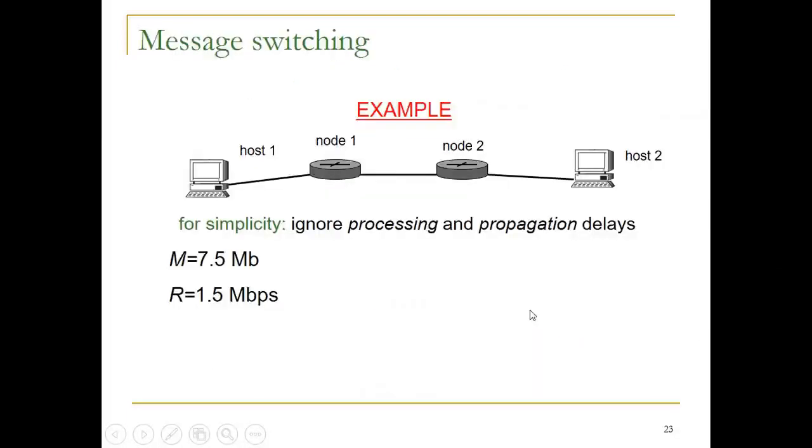Calculation-wise, say we have a message from one host to another, and for simplicity we want to ignore processing and propagation delays. You have a message of 7.5 megabits, transmitted over a medium that can only support 1.5 megabits per second.